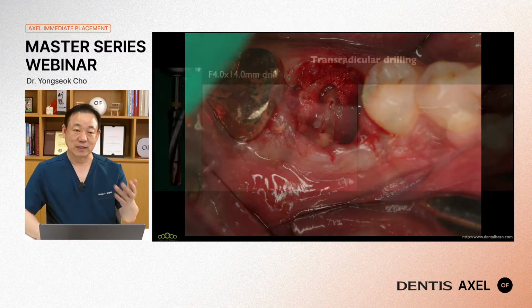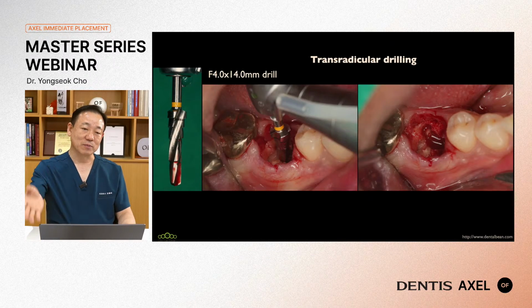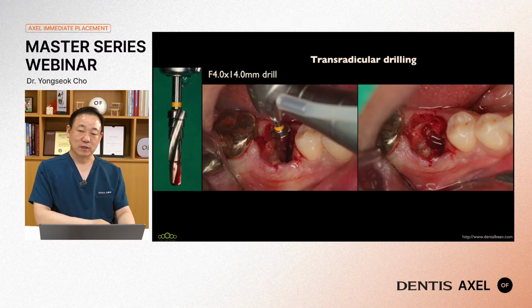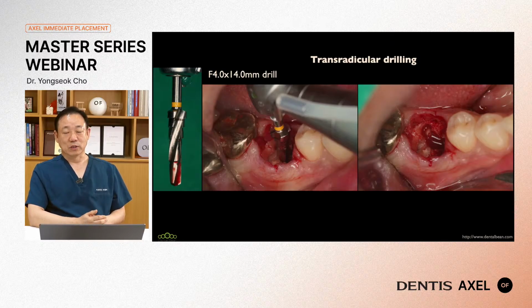transradicular drilling, like this. Without extracting the root, prep osteotomy at the ideal position. Okay. Here, I used the 4 by 10 millimeter long drill, and transradicular drilling was finished. After drilling, try to extract the root. Sometimes you can very easily remove the root.